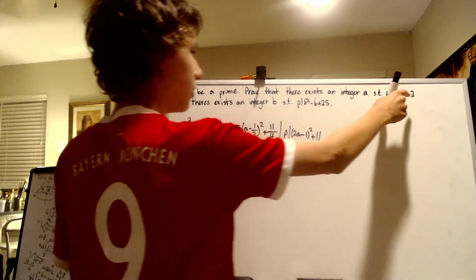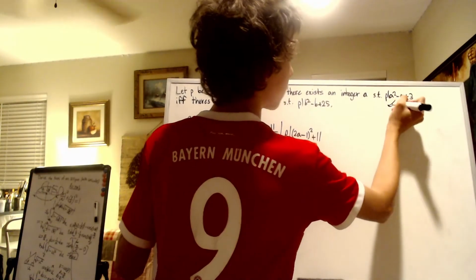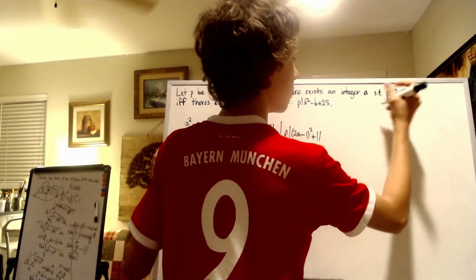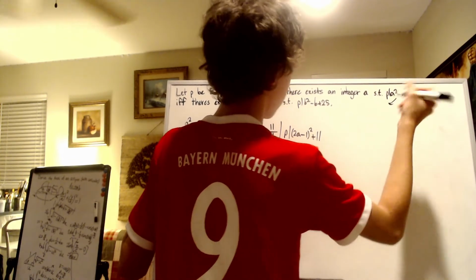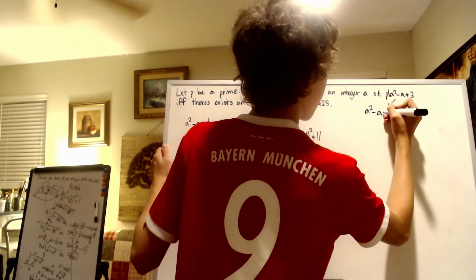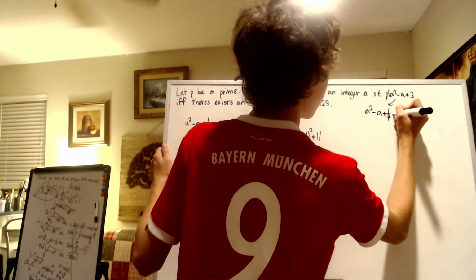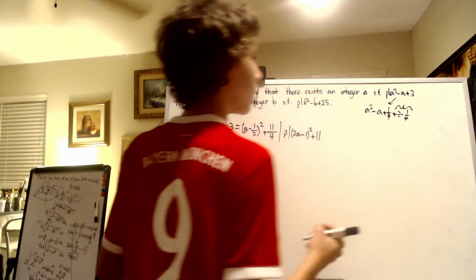With that expression, well, let's try to do some things in our head, or I'll just work it out here. So again, we're going to have to add and subtract 1/4. So we're going to have A squared minus A plus 1/4 plus 3 minus 1/4.